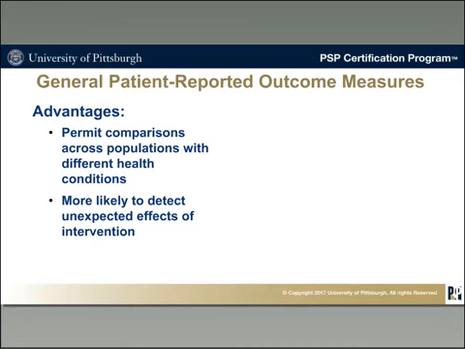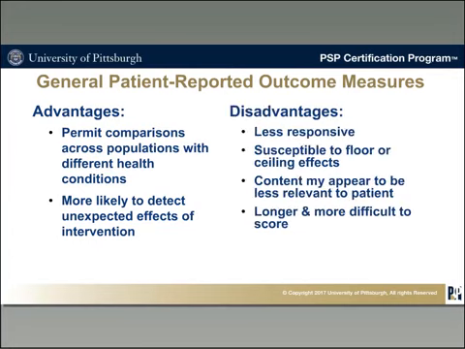That is, since they measure both physical and emotional health, you may actually see improvements in emotional health that you may not have been able to measure or to detect if you used a specific outcome measure that focused only on physical function. The disadvantages are that they are less responsive.